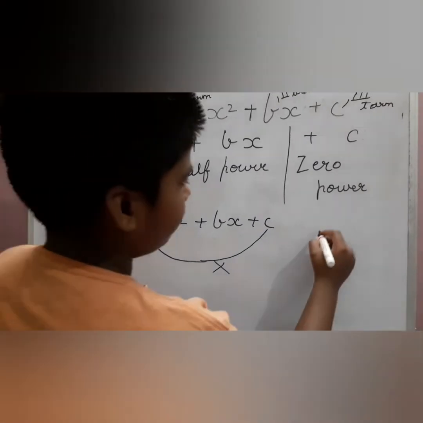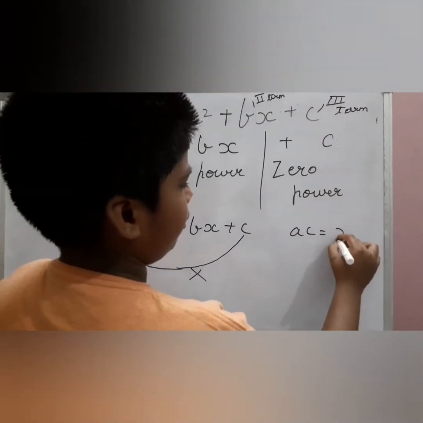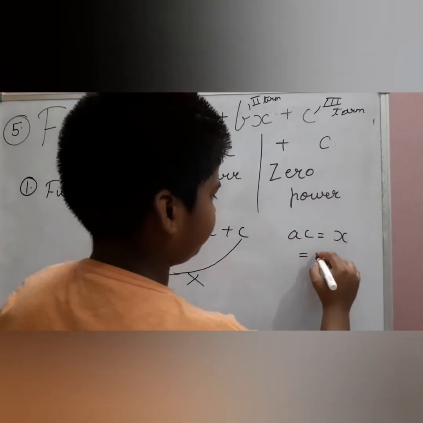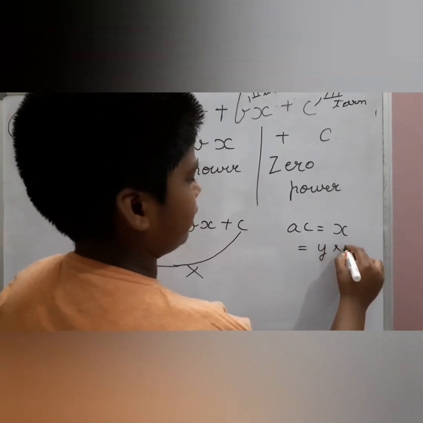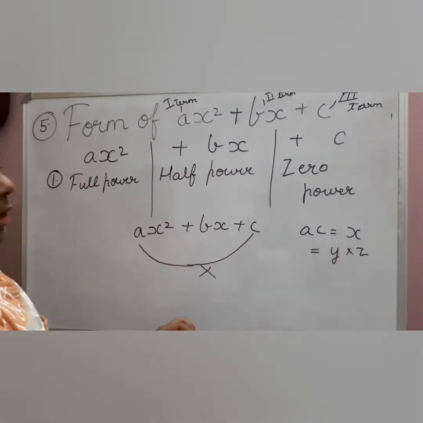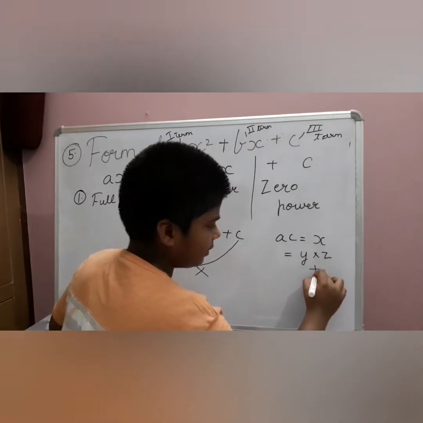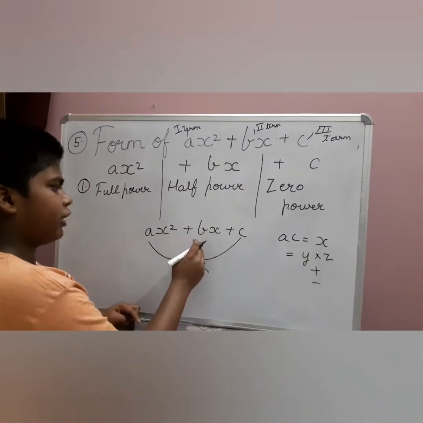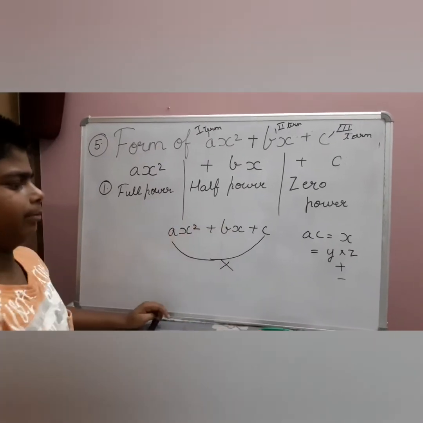Then when you multiply both of them, if the product is x, then you will make factors of x, like factors are y into z. Then you will take such factors of which sum or difference is equal to the coefficient of the variable of the second term.